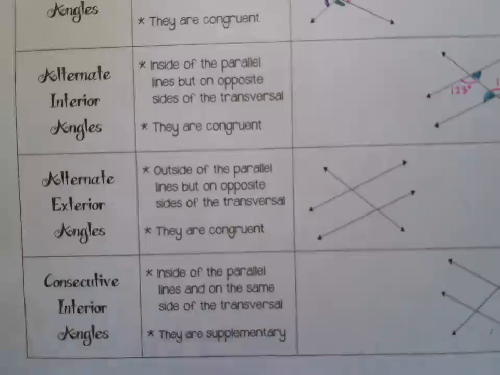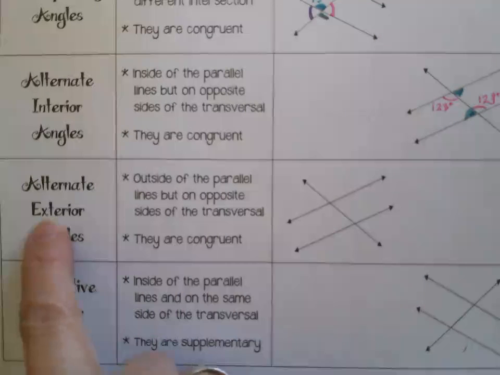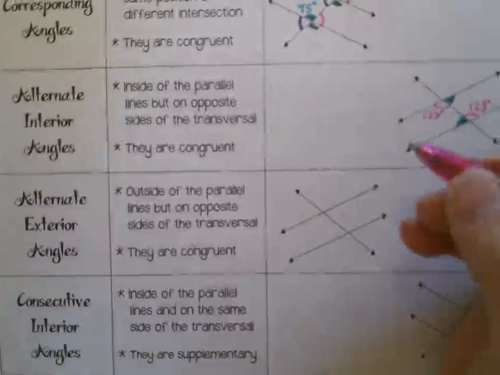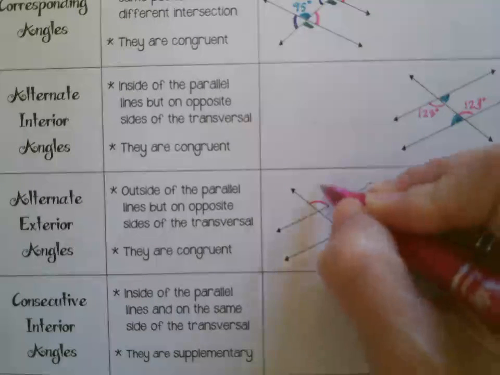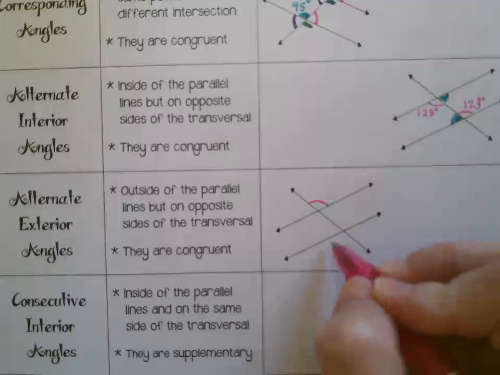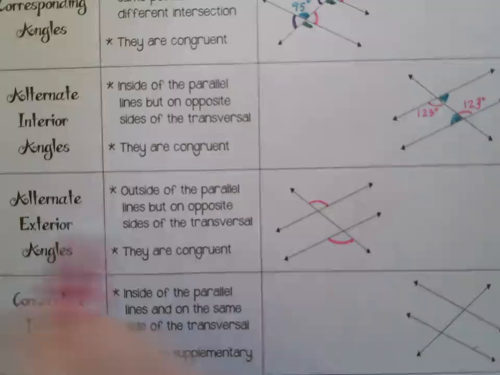All right, alternate exterior angles are almost exactly the same thing, except they're exterior, which hopefully you're thinking, oh, that means they must be outside of the parallel lines, and you're correct. So this one up here is outside of the parallel lines and above. This one down here is outside of the parallel lines and below.